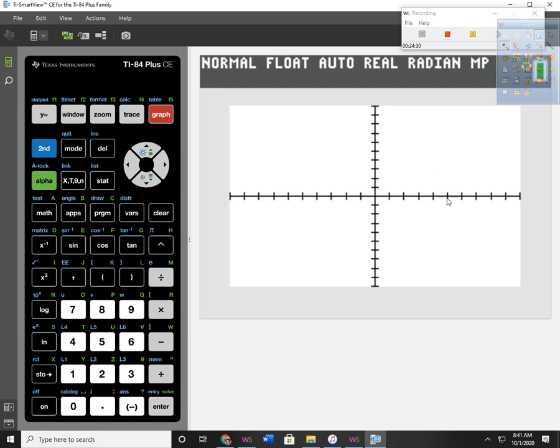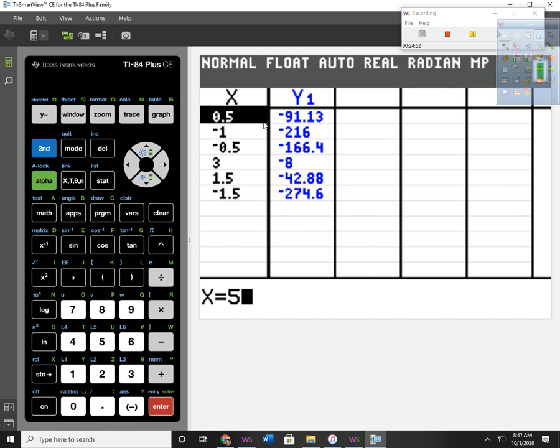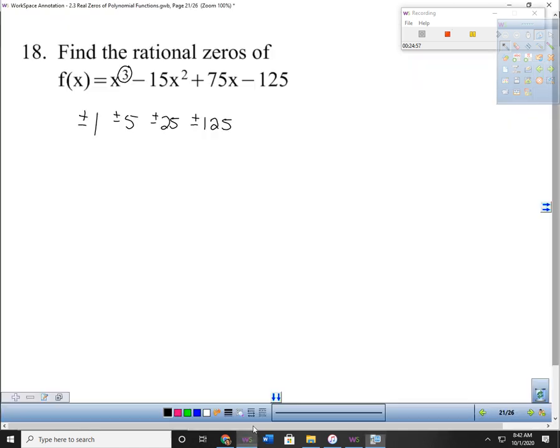If it curves on the x-axis, it has a multiplicity of 2. So it's possible that this could have 3, right? 1, 2, 3, 4, 5. That looks like 5. So if I go to my table and I plug in 5, I get a 0. So that's definitely, it looks like that's the only one where it crosses, so I'm going to do my synthetic division with 5.